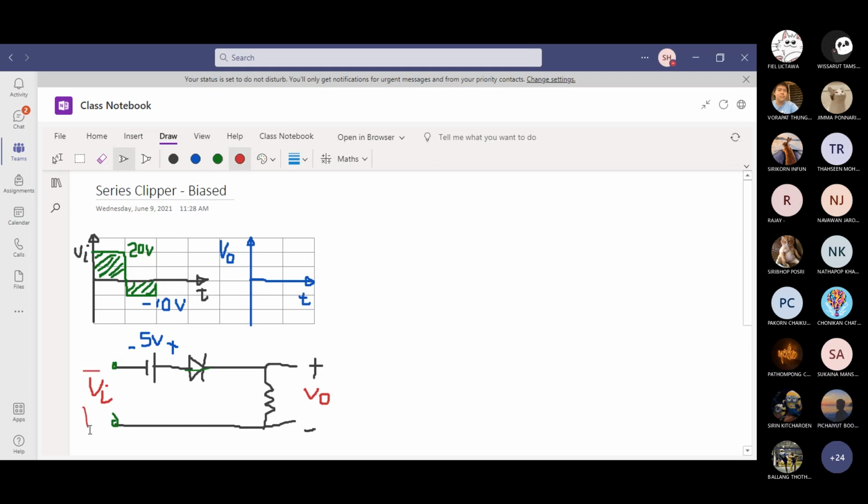Minus, plus, and then 10. Analyze the circuit and tell me if the diode is on or off. From this circuit, right? Yes, the one that I just drew. Negative half cycle, minus 10 volt input. In this case, the diode is on or off?